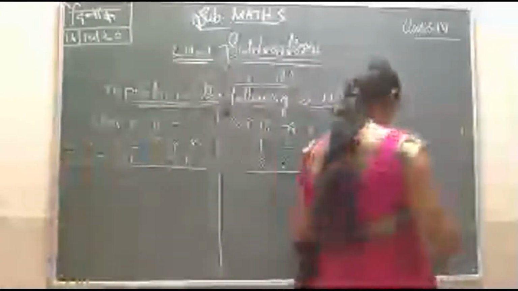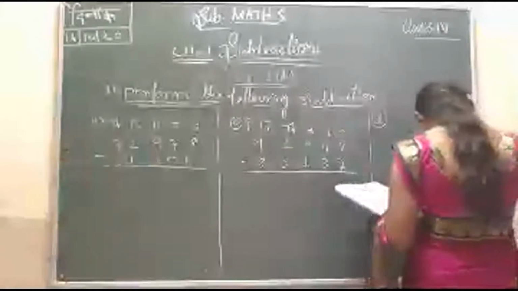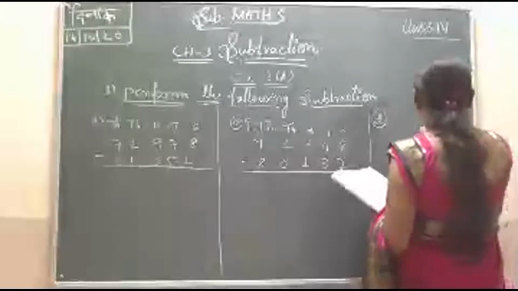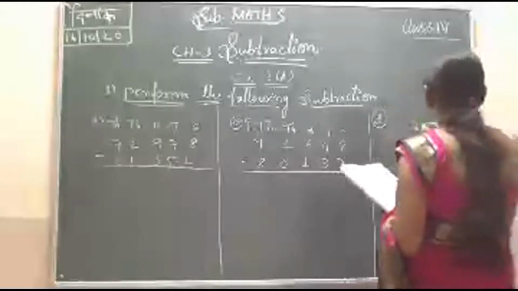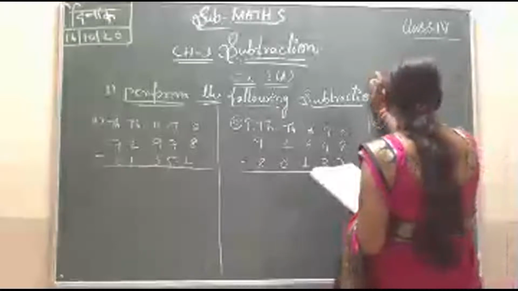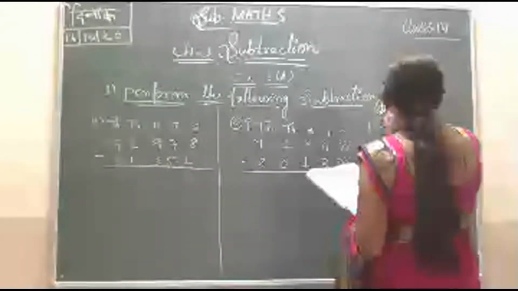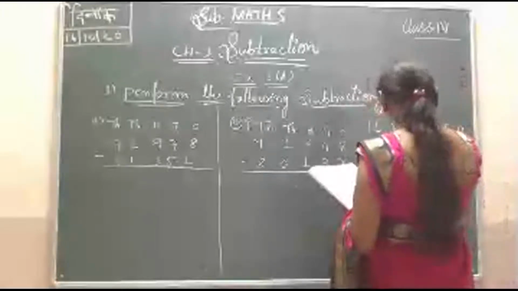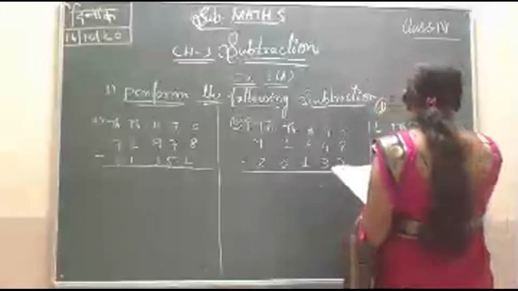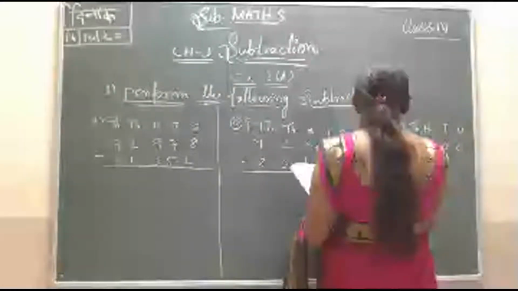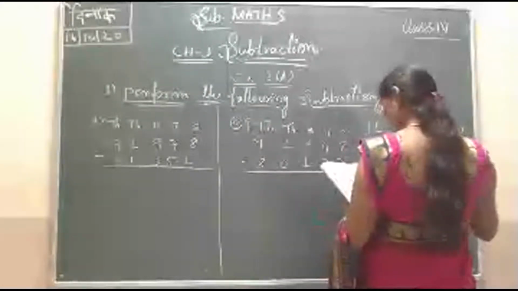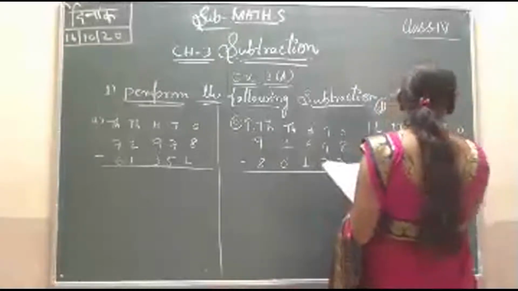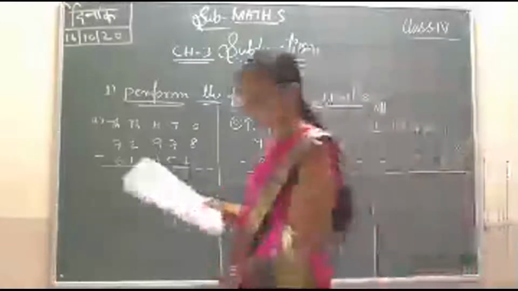Can you observe ones, tens, hundreds, thousands, ten thousands, afterwards lakh. How many lakhs? That is 8 lakh 40,200. Next, 7 lakh 35,180. Students, can you observe this?